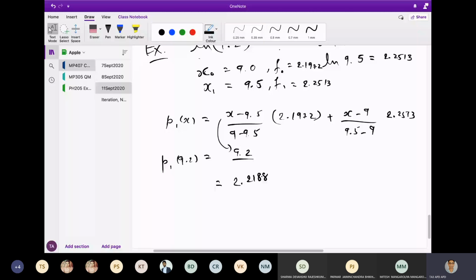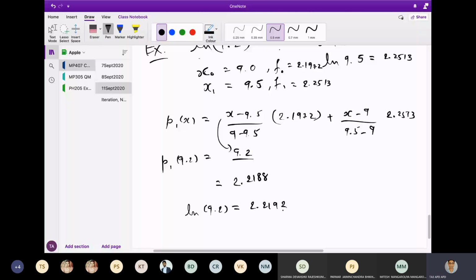Now, as I said, error is the important part over here. If we see the actual value of ln of 9.2, if you take a calculator, that is going to be 2.2192. That is the actual answer.